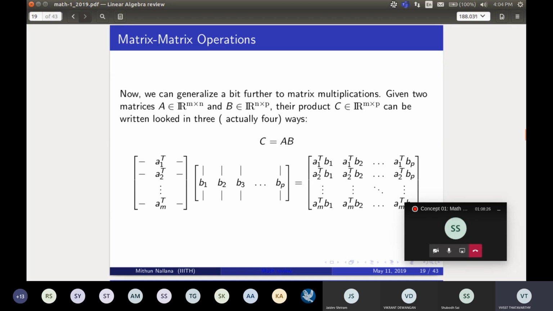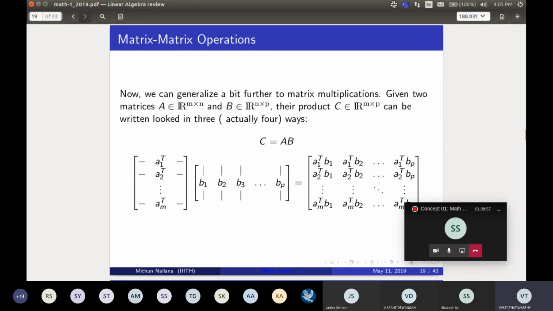Now we can generalize even a bit further. What if we have two matrices multiplying each other? Nothing will change. You can still view the same thing like this. With the dot product picture, you take the dot product of each row with each column. That is how you get A1 transpose B1, the dot product of the first row and first column, and similarly the first row and the second column of the second matrix.